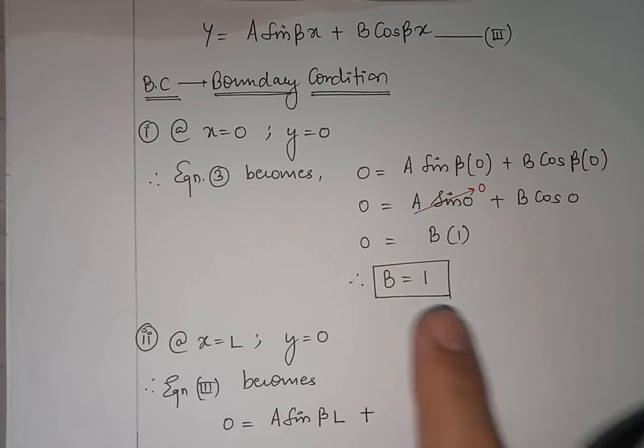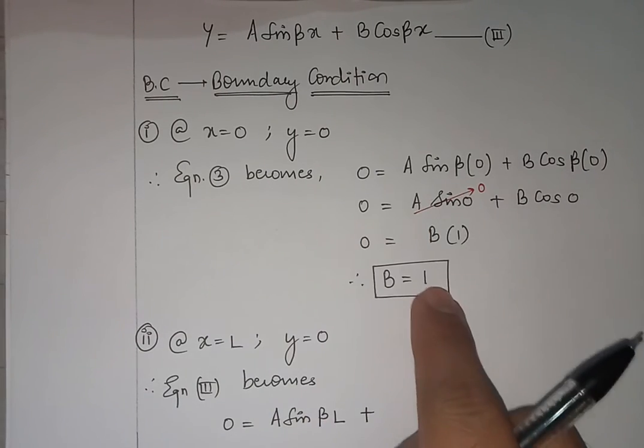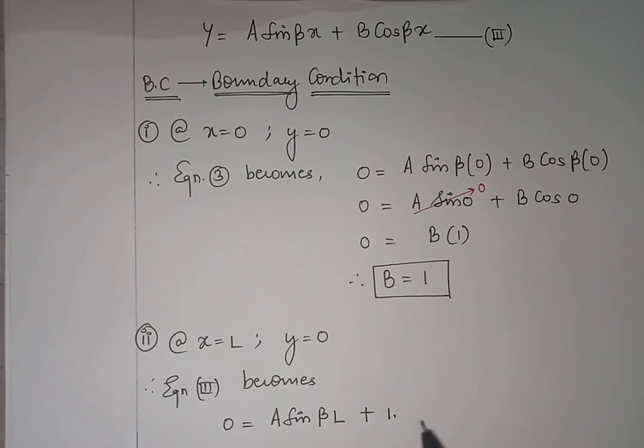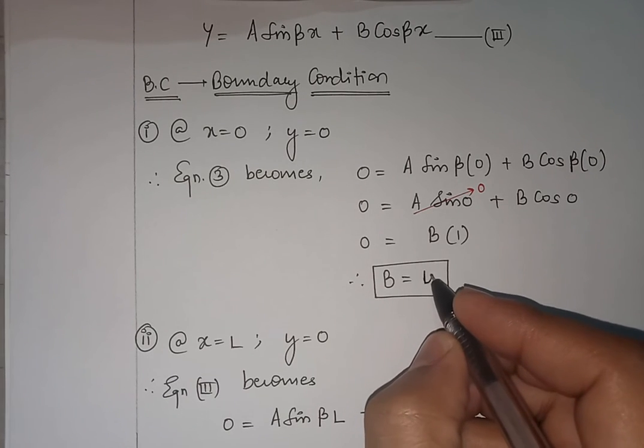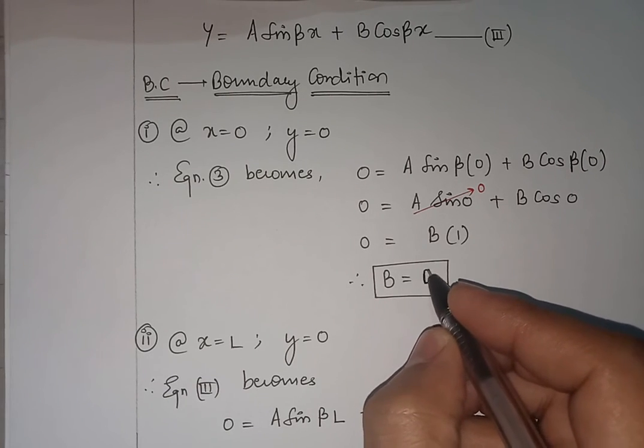Plus, what is the value of b? B value I have already found out, it is 1. So I'll write it as 1, cos β, x value is L. Right? So now let us go further and calculate. Here b value is 0. Right?